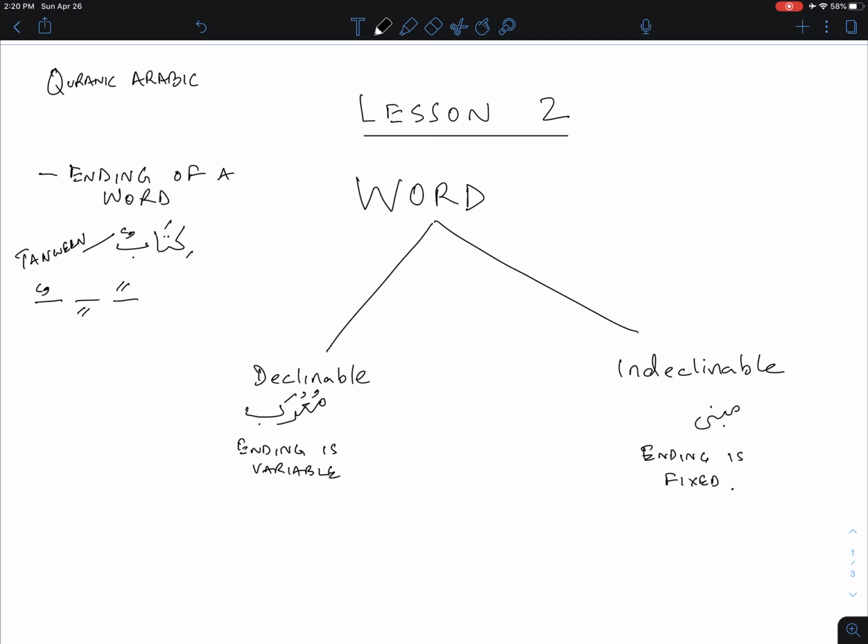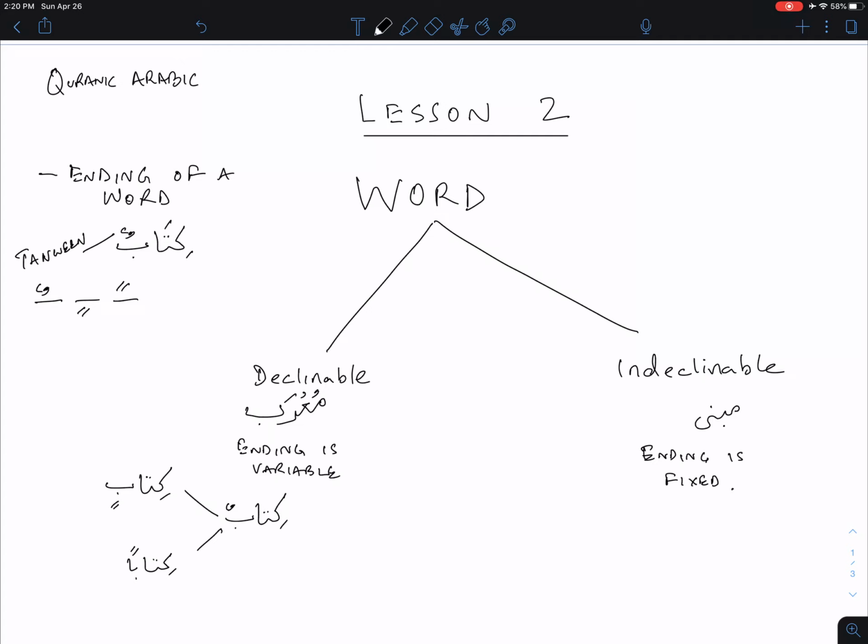So something like kitabun is a word that will take different endings, and what that could look like is kitabin, or kitaban, and you will understand the significance of it later.